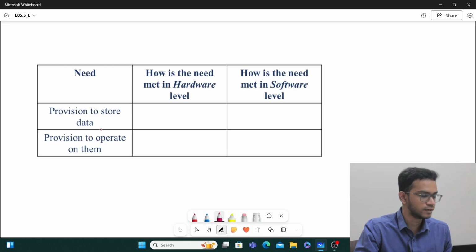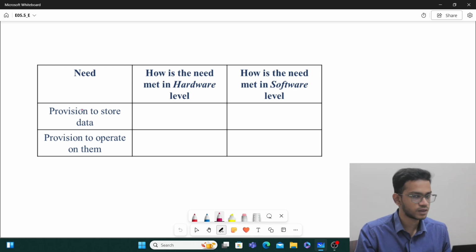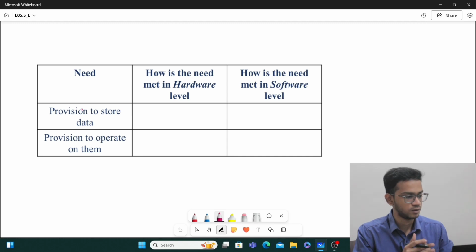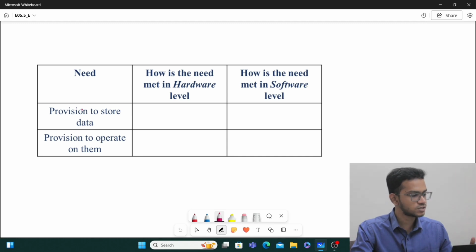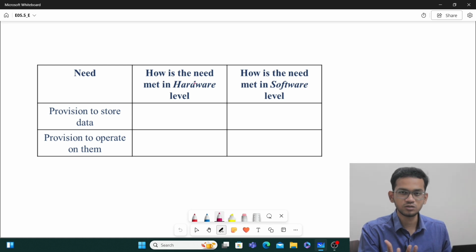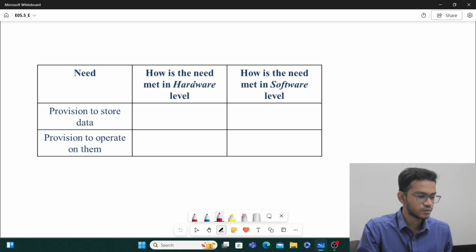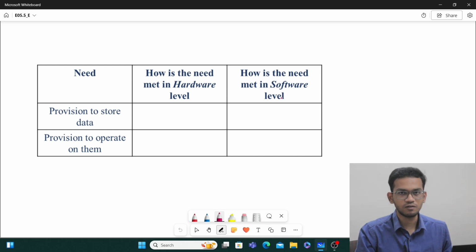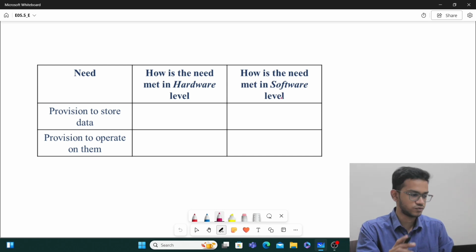So there is a need to store data and to operate on those. How is this need met on the hardware level, in the physical world? And how is it met at the software level? We need to understand these first.